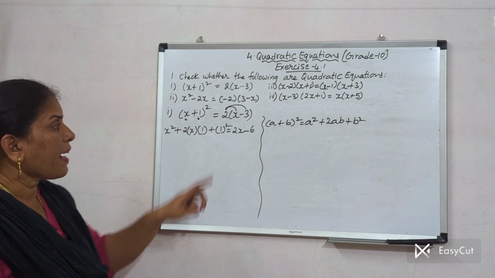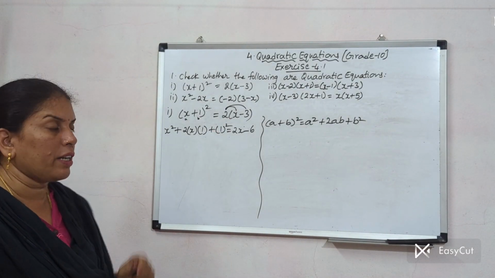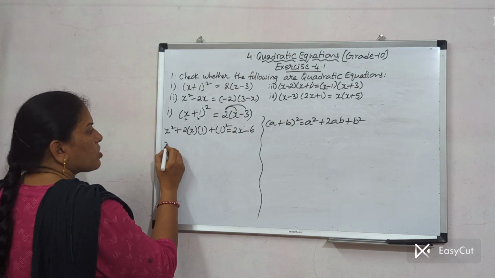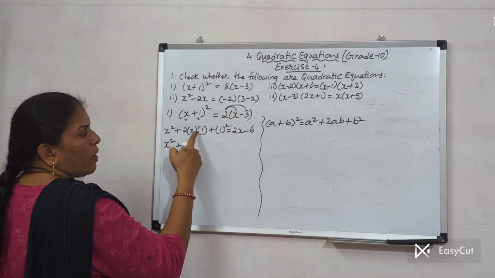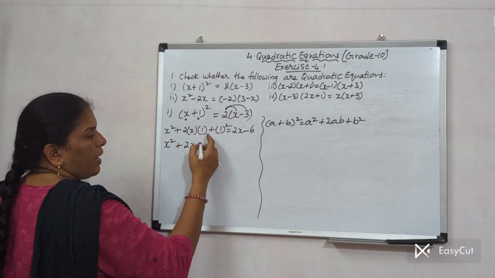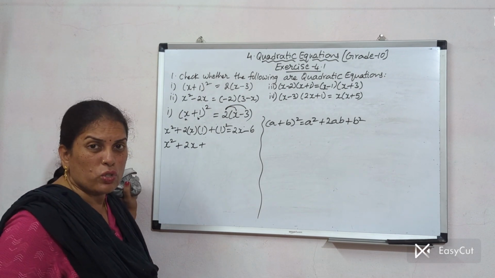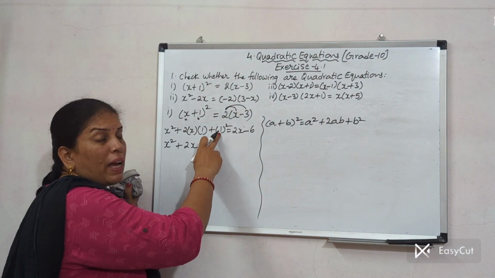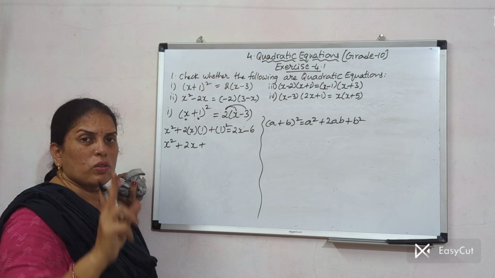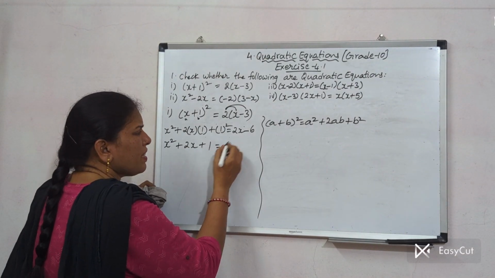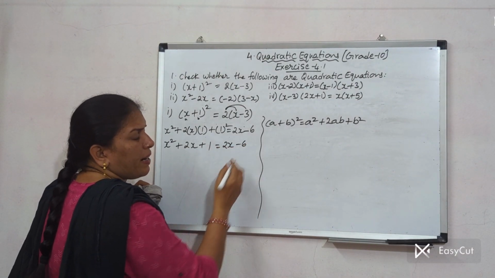Understood now? If a bracket is there before anything, you must multiply. Now x square plus 2 ones are 2, so 2x, plus 1 whole square means 1 only. Is it 2? No. If we multiply 1, 1000 times also 1 only will come. Is equal to 2x minus 6.